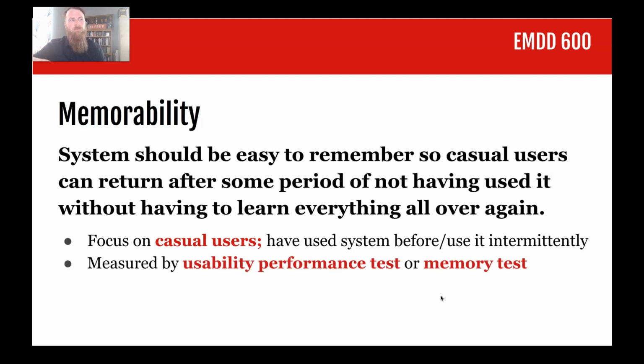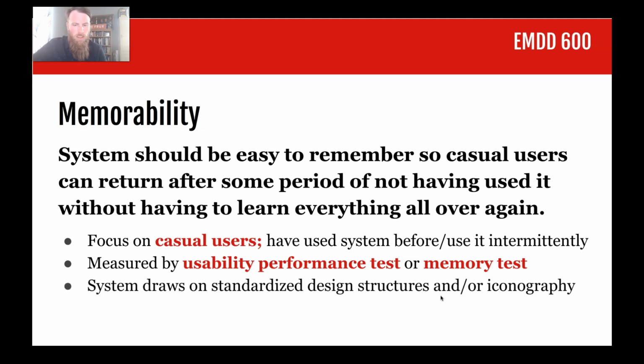It's usually measured by a usability performance test or a memory test. So, a system where you may test users in one way one week and then change a few things on the system, and see how well their memory aids them in completing the tasks that they need to do. And often this system is going to draw on standardized design structures and/or iconography.